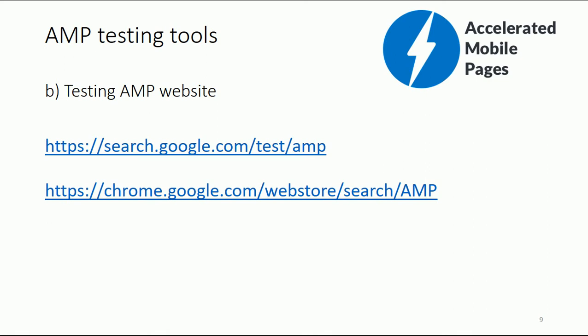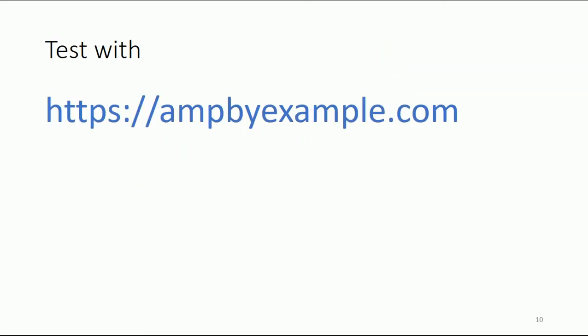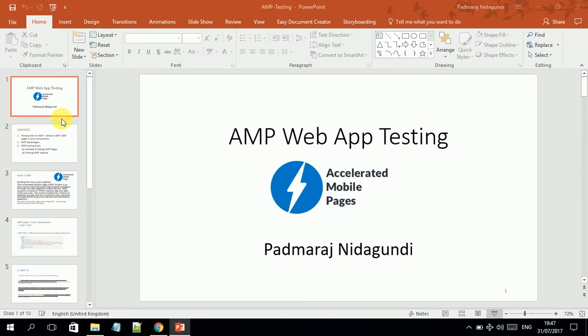And second, we will also look at one of the extensions available in the Chromium store. For all my experiments today, I am showing you one already AMP-ready website, that is https://ampbyexample.com. So let's move to this website and I will start showing you the practical part.